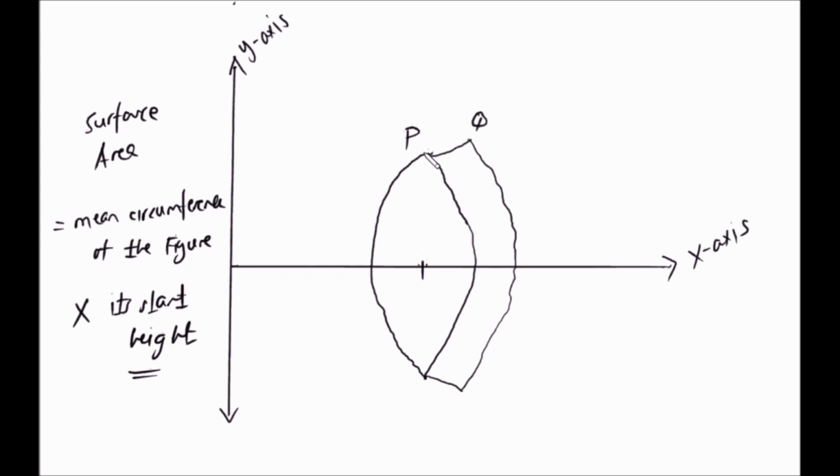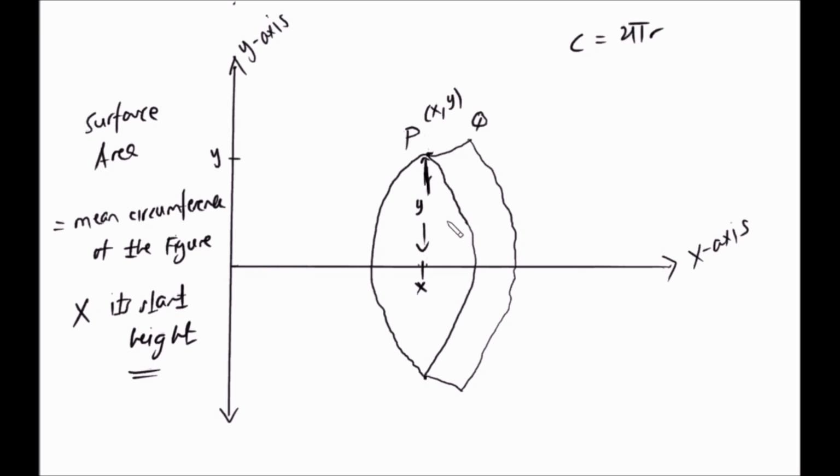Sasa hapa point P ni x, y. Maanake urefu kutoka hapa ni point x, lakini kwa sababu hapa P ilipo ni point y, maanake urefu sasa kutoka kwenye x axis mpaka point P ni y. Kwa hiyo circumference sasa, sisi tunajua kwamba circumference of a cycle is 2 pi r.